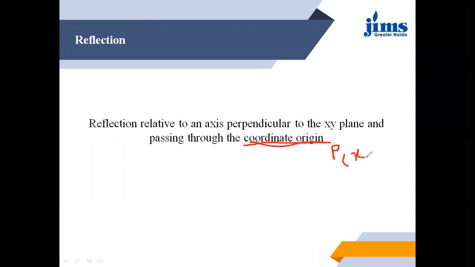The value of x and y can be any constant. In this, the value of x is 0 and the value of y is also 0, meaning this is a special case of the next one.